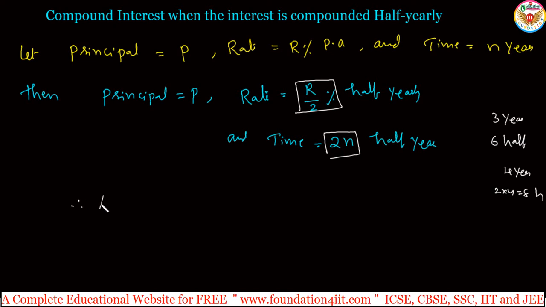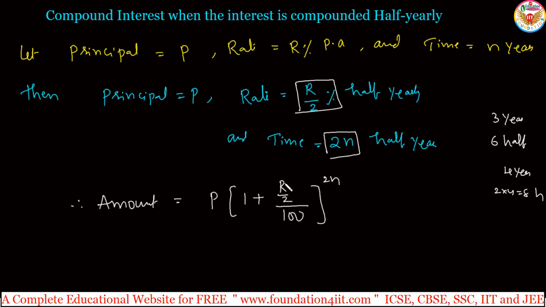So the amount, when compounded half yearly, is given by this formula: Amount is equals to P into 1 plus R by 2 by 100 whole to the power 2n. This is the only change. In the compounded annually formula, it is P into 1 plus R by 100 whole power n, right?